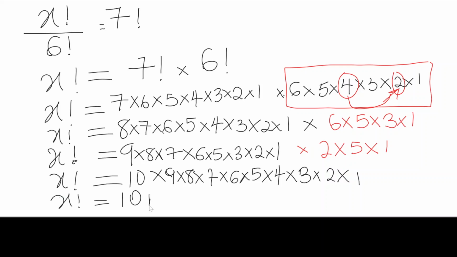As you can see, when I equate the right hand side with the left hand side, if the factorial here is the same thing as the factorial here, it means x will definitely be 10. So it implies that x equals 10. The final answer to x is 10.